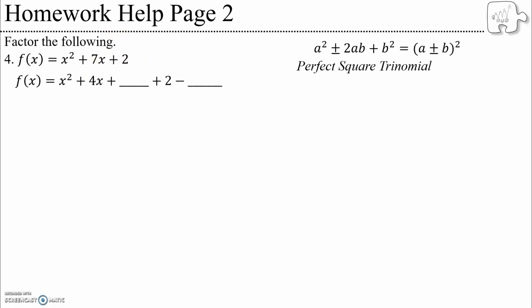Now we want to think about what we want to add and then subtract. We know our a is going to be x, so our 2ab, or 2xb, is going to equal 7x.